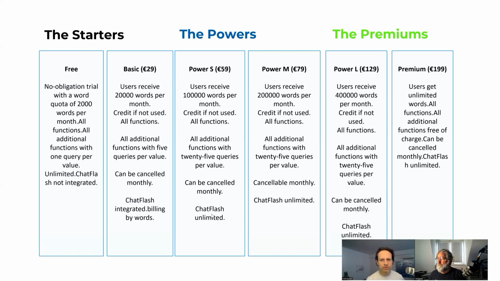Also unlimited Neuroflash usage. So some differences: there's Power M, Power L, which is even more words, and Premium, which is everything unlimited.